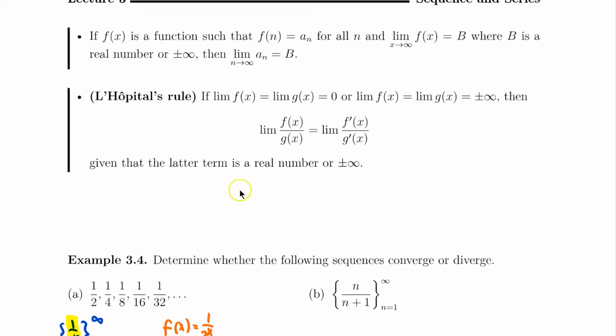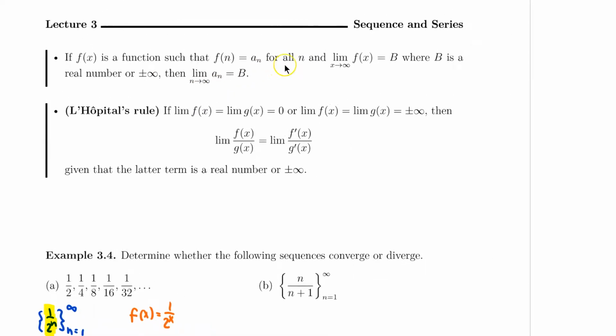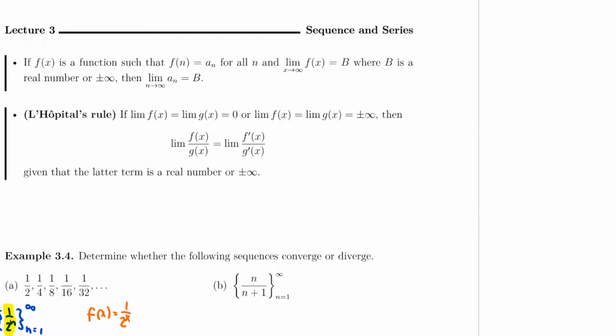And the way this works is that if the limit of a function is equal to something, where that something can be a real number or it could be plus or minus infinity, then the limit of the sequence is also going to be the same thing. So let me write to the side here.